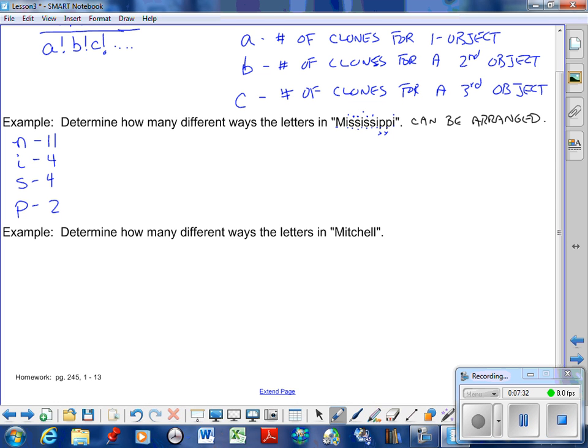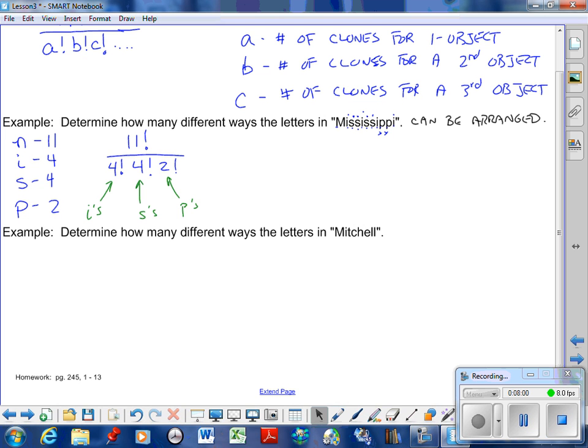So how many combinations are there? Well, there's the total number of objects, 11 factorial, divided by, there are 4 I's, so there are 4 clones, so 4 factorial. The S's, also 4 clones. The P's, there are 2 clones. All right, so it's the number of clones that we use here in the denominator.